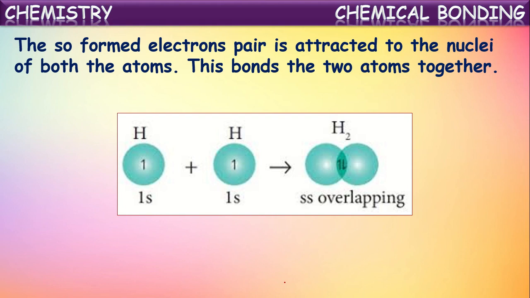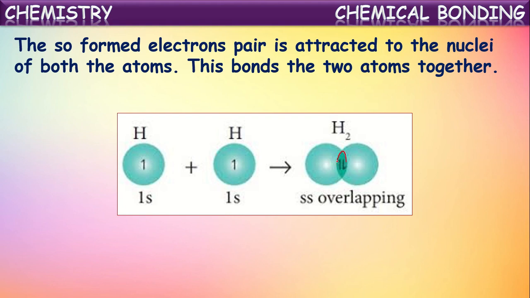See here, individually, both the hydrogen atoms have single electrons in their s orbitals. When these two hydrogen atoms approach each other to a certain closer distance, the s orbital of hydrogen containing a single electron merges or overlaps with the s orbital of another hydrogen containing a single electron, so that the electrons will be paired, one with clockwise spin, another with anti-clockwise spin.